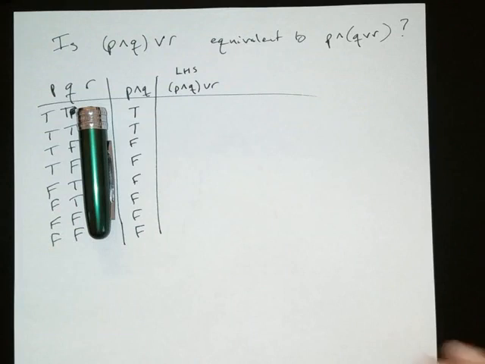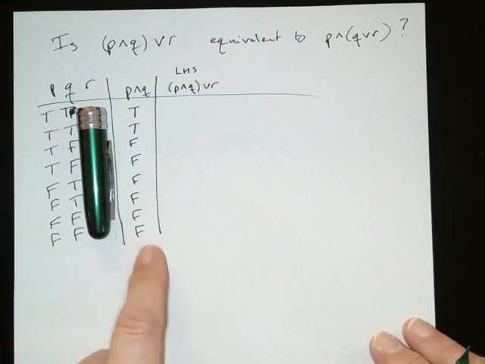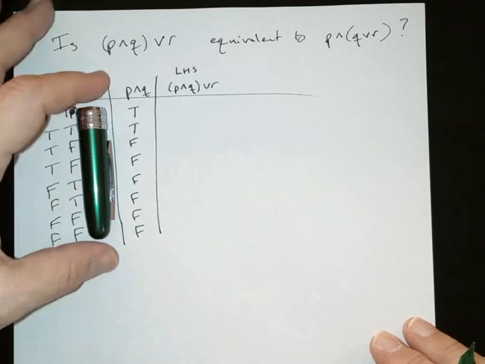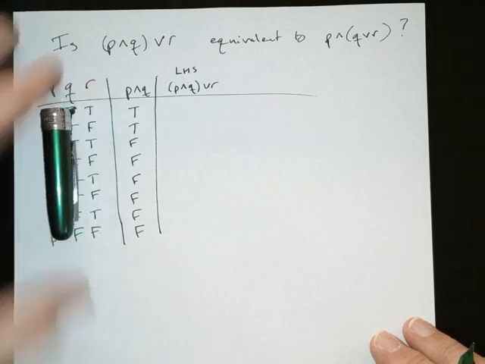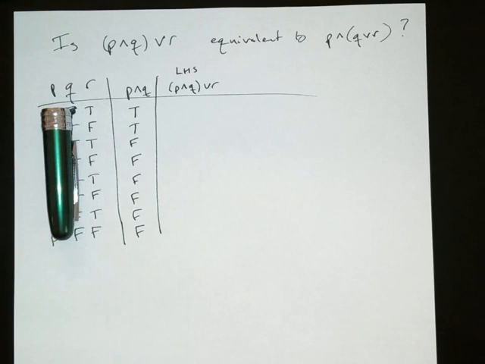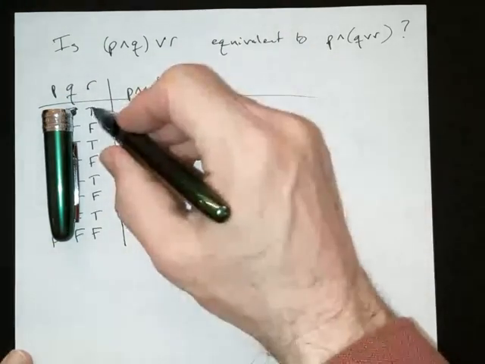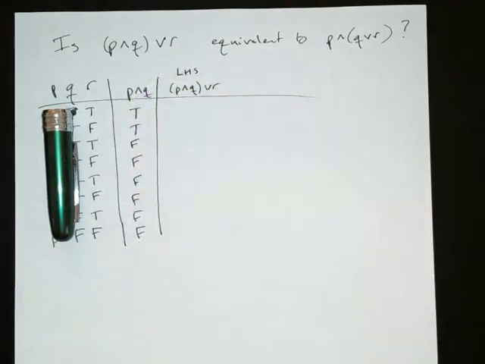Now I'm going to do the or R, yes? But I'm going to do this thing, or R, so I get to ignore the P column and the Q column. I only have to look at this column, or R. When is or true? When is or false? False if they're both false. It's true the rest of the time.